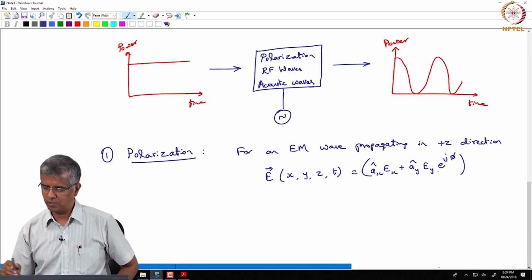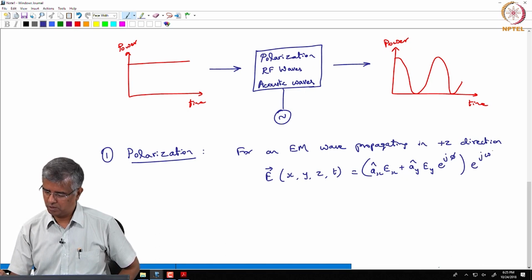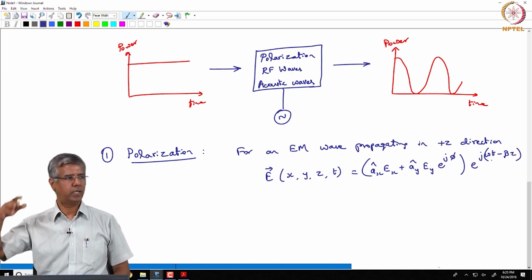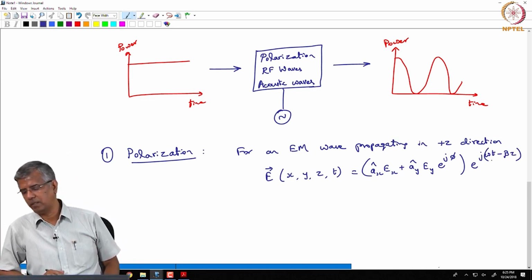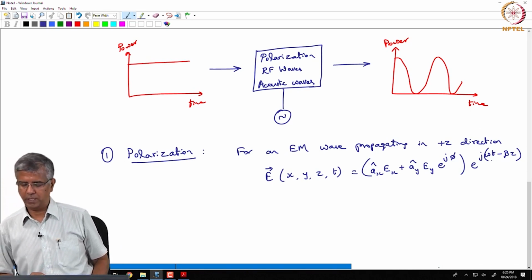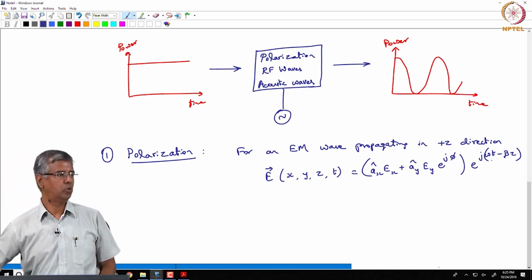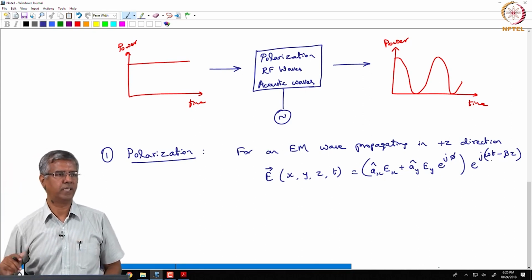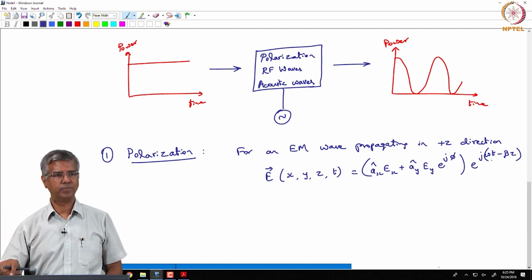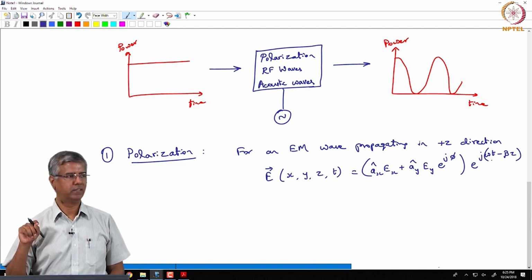That characterizes the transverse components, and then it is going to have e power j omega t minus beta z, right. Omega t corresponds to the time variation, and beta z corresponds to the phase accumulated during propagation. Okay. That phase is different from phi here.